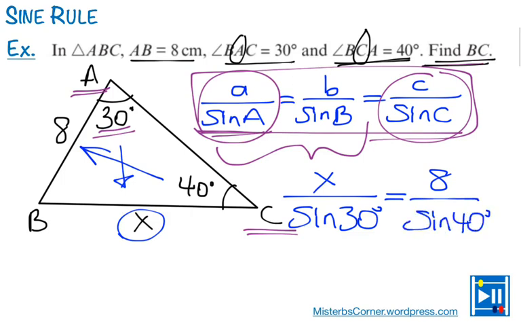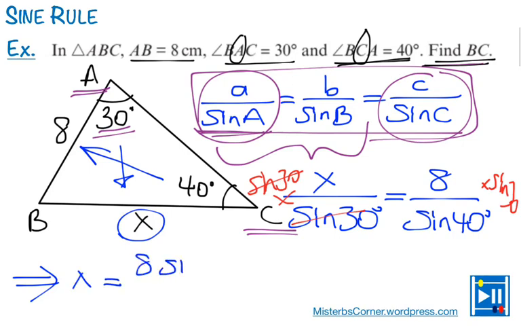And I'm going to multiply both sides by sine 30, so that I can simplify and leave x alone, and on the other side it's going to be 8 times sine 30 over sine 40.